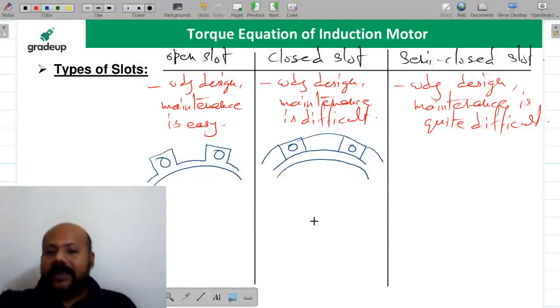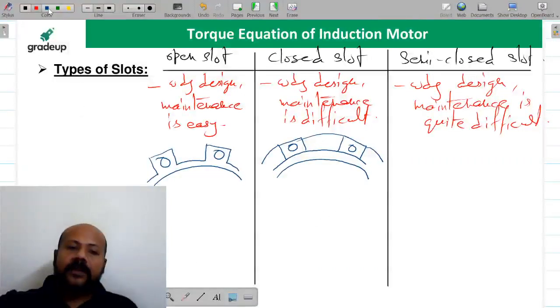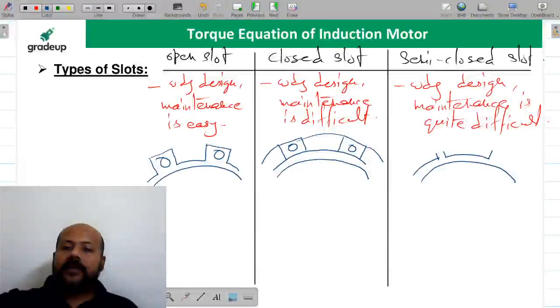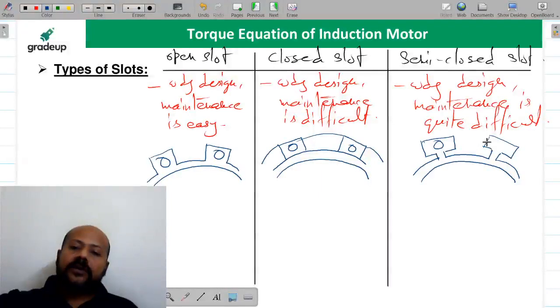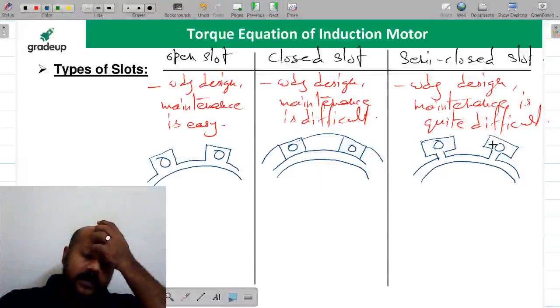Because of this design of the slots, just see here how it is going to be semi-closed. So this is your rotor and this is going to be something like bell shaped. So it is very difficult to keep the windings intact because it is going to have a rotating motion. So this is your semi-closed slots, you can understand. Is it clear?